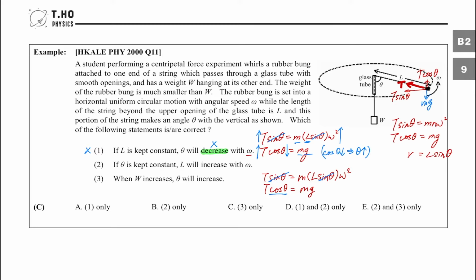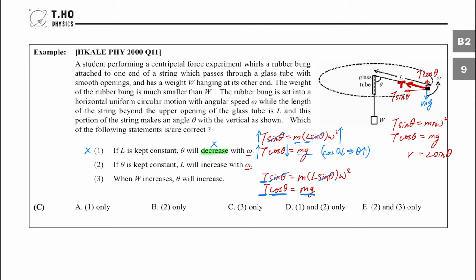Now when theta is kept constant, cosine theta is also kept constant. If we have mg being constant, the consequence is T would also be a constant. Now I repeat, theta is kept constant. On the right hand side, mg is also constant. So everything is constant, that means T is also constant from the second equation.